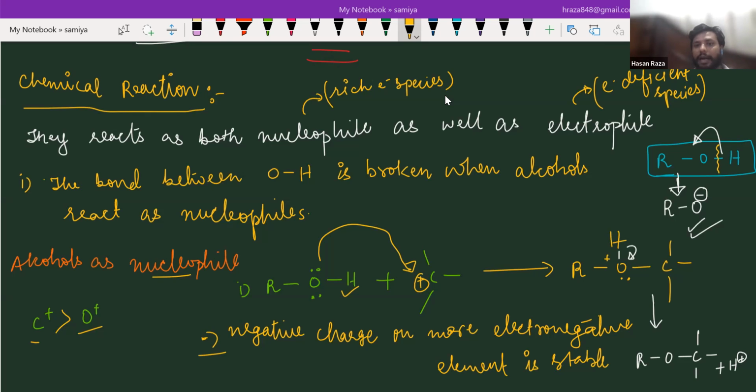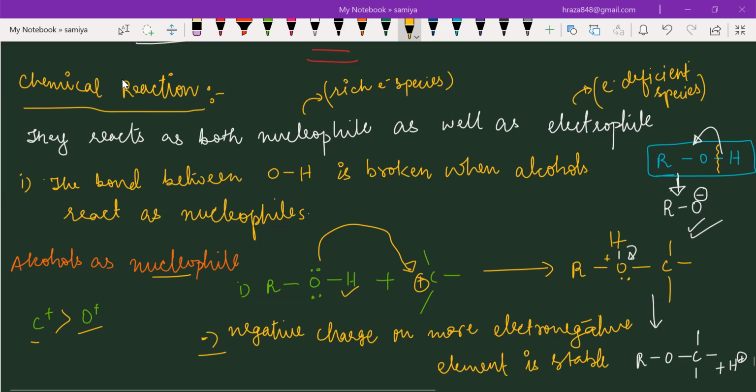And protonation means addition of protons.